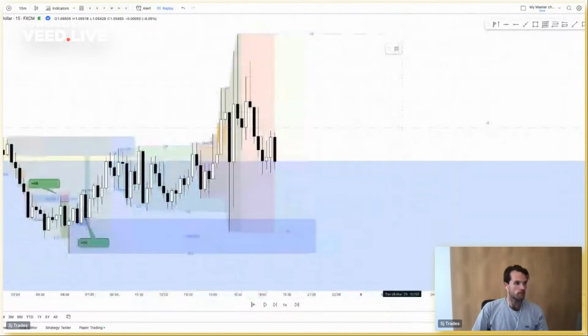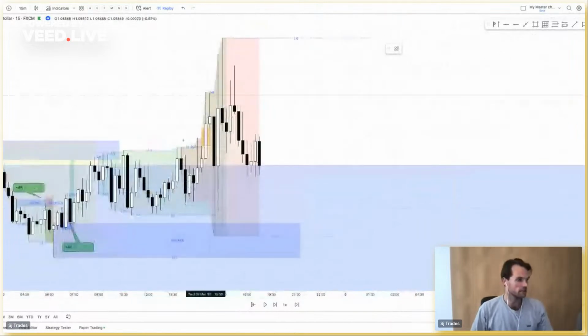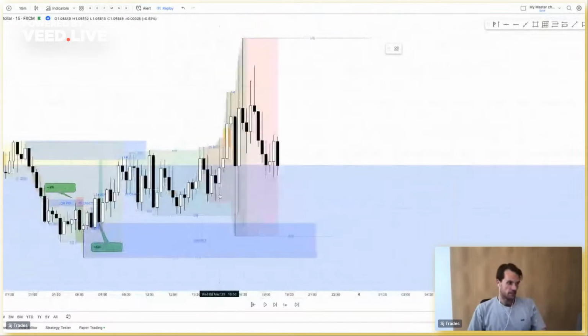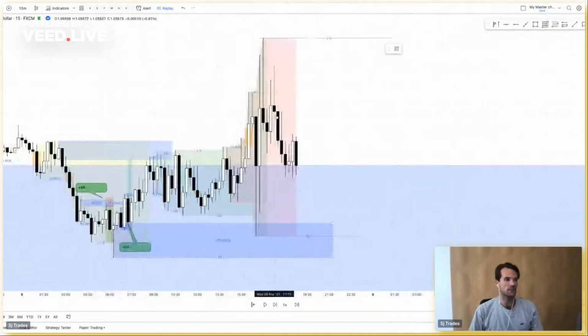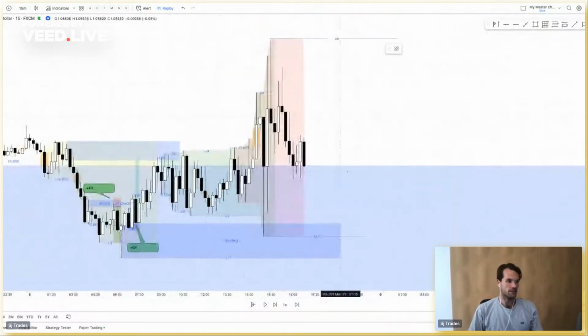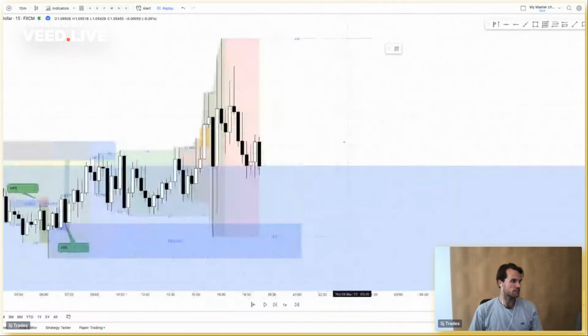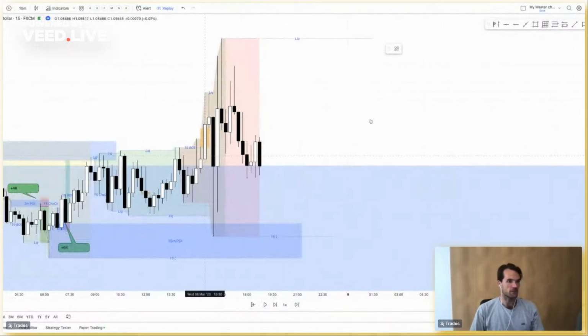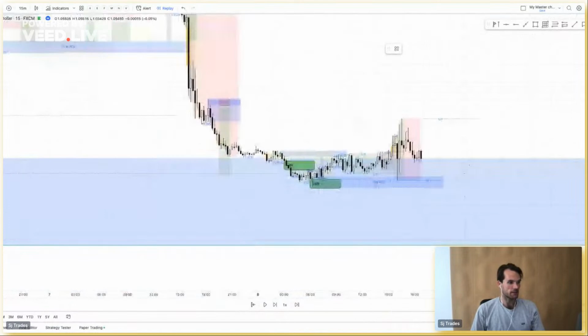Okay, so let's see. We are technically 15 bullish. Out of 4 hour demand, daily demand, weekly demand, that's where we're back at.